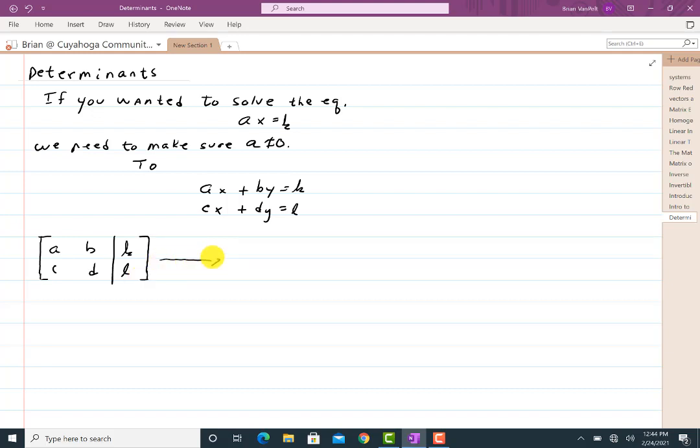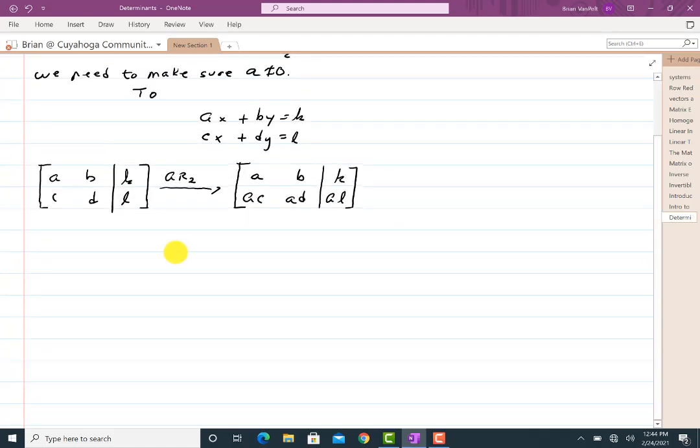So the first thing I'm going to do is multiply the second row by A. And then I'll try to wipe out that AC that is below the A. So I'll do negative C R1 plus R2. And so far, everything's good.